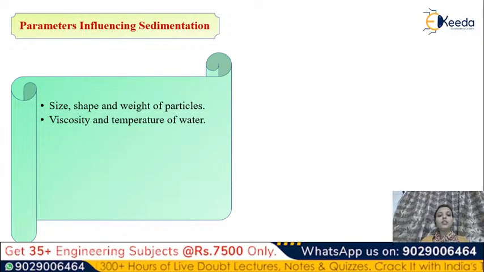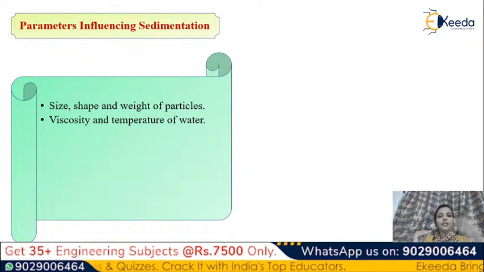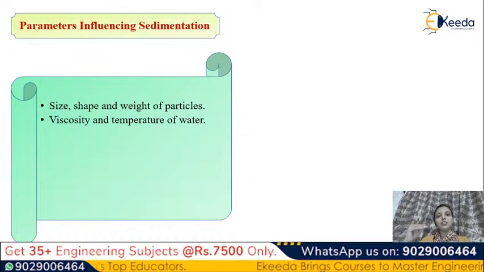Then the viscosity and temperature of the water. As you know, there is a relation between temperature and the settling mechanism. As temperature increases, more particles will settle down. Both parameters are directly proportional to each other.